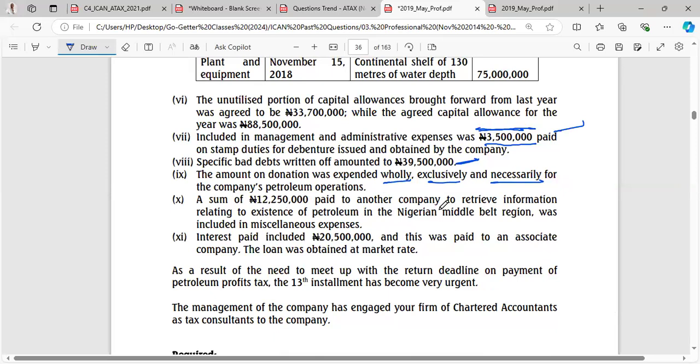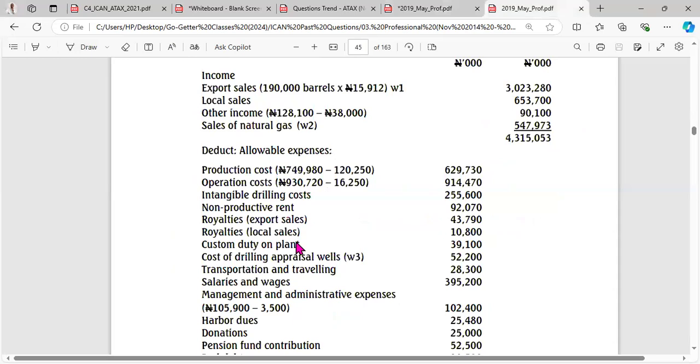So normally miscellaneous expenses is not supposed to be allowable. You need to specify them. But this figure 12,500,000 is to retrieve information and it's supposed to be allowable. If you look at it here, 12,500,000.